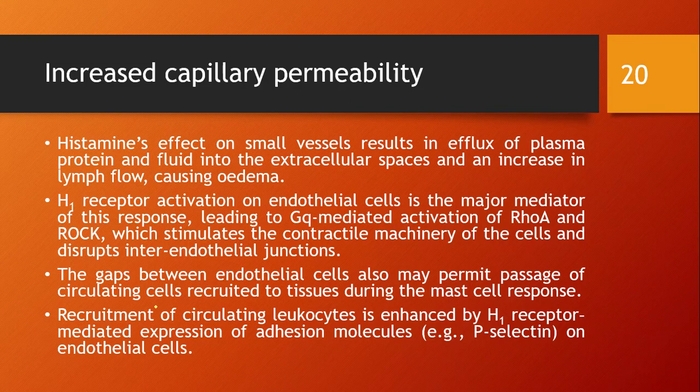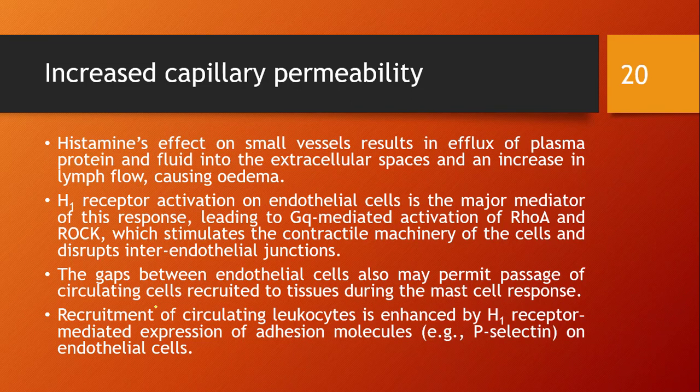Usually they remain in that blood vessel only, but due to the action of histamine, these contents come out. These gaps between the endothelial cells also may permit passage of circulating cells, which include the RBCs also, recruited to tissues during the mast cell response.